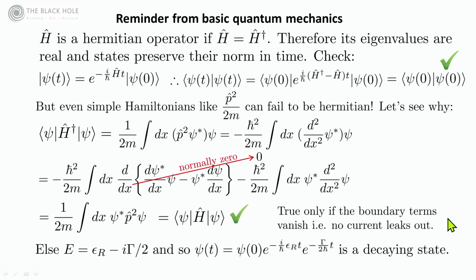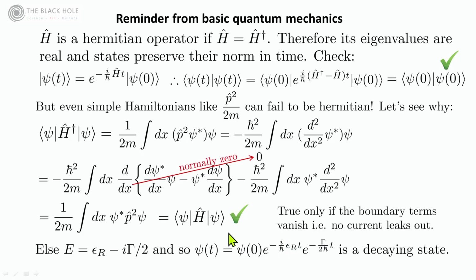Now, if there is current leaking away, then H is not equal to its Hermitian conjugate, which means that the eigenvalues of H will have an imaginary part. So then the energy will have a real part and it'll have an imaginary part. And so if you stick this over here, then you'll get psi of 0 times the real part over here and this is the oscillating part.